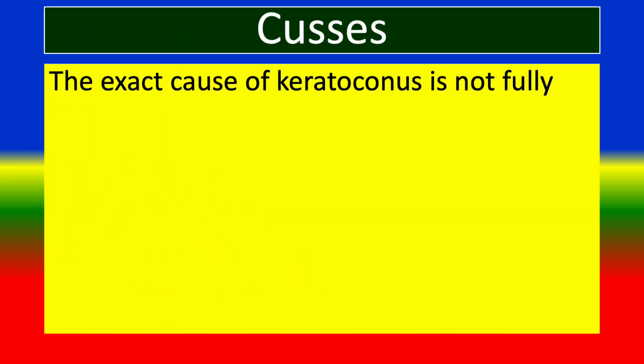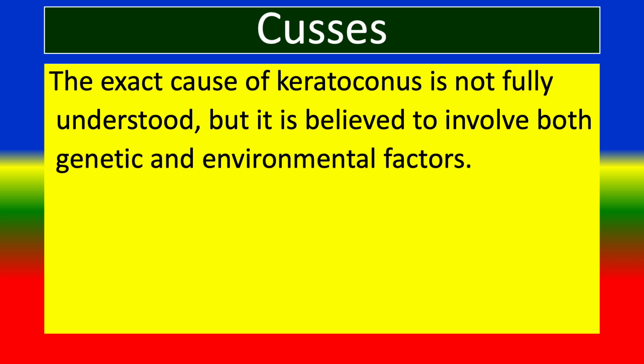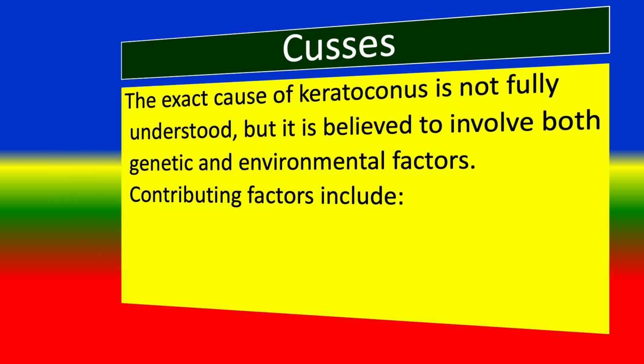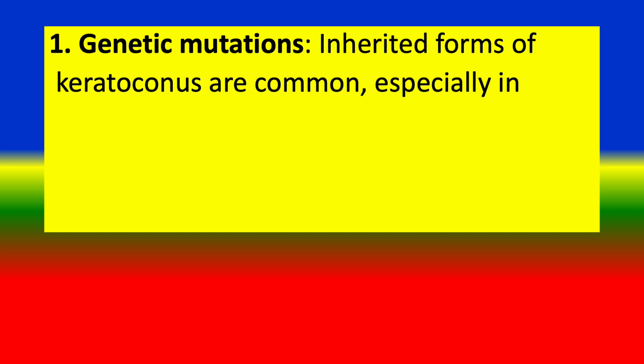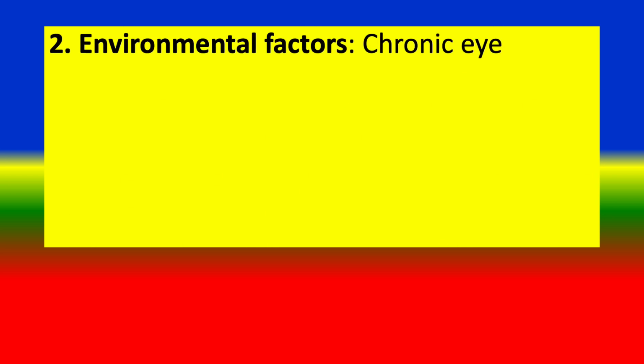Causes. The exact cause of keratoconus is not fully understood, but it is believed to involve both genetic and environmental factors. Contributing factors include 1. Genetic mutation. Inherited forms of keratoconus are common, especially in individuals with a family history of the condition. 2. Environmental factors.